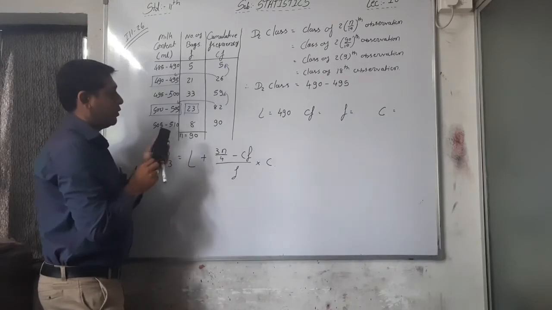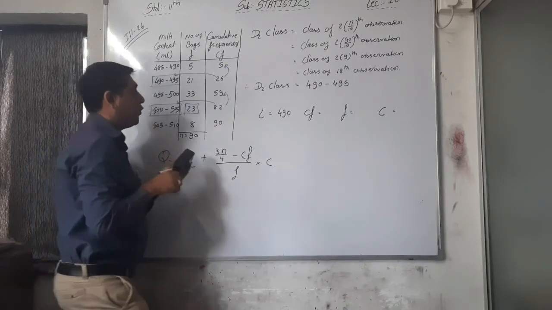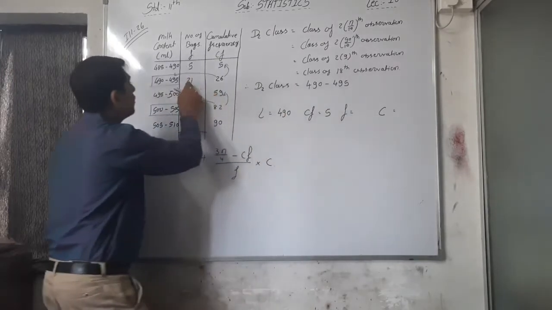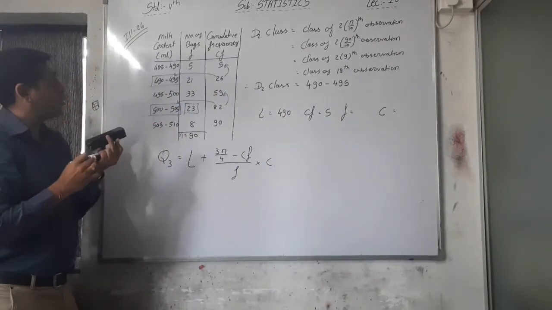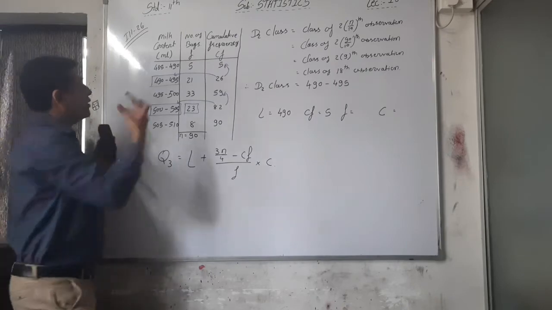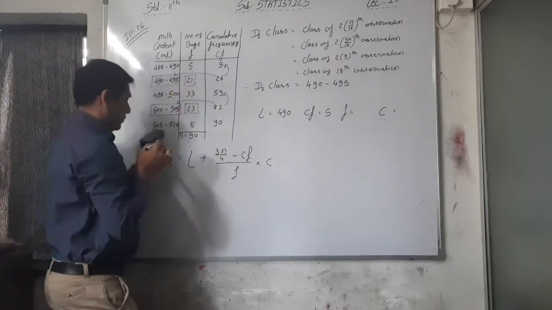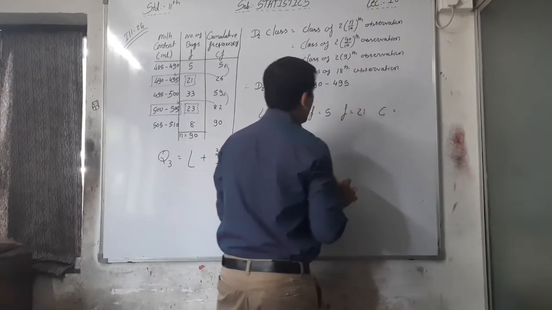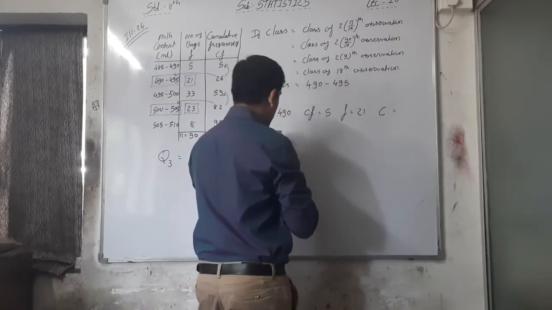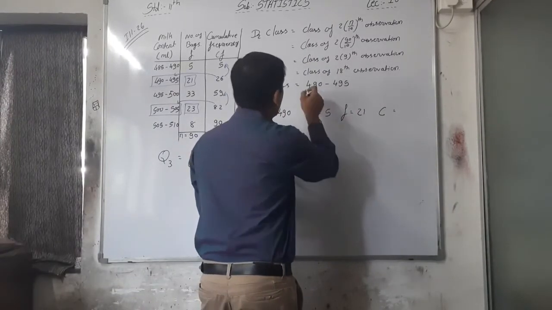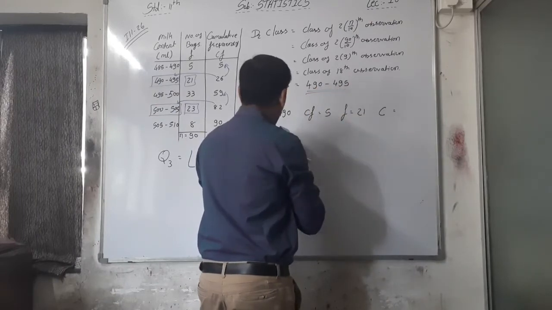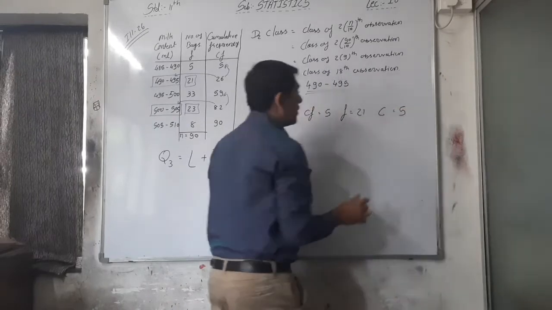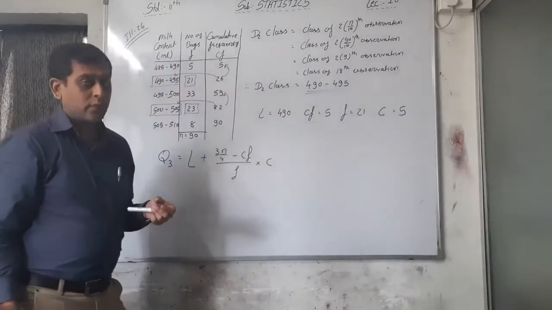So CF is equal to 5, F is the D2 class frequency, that is 21, and C is the difference of these two, 490 and 495, the same class length, equal to 5.